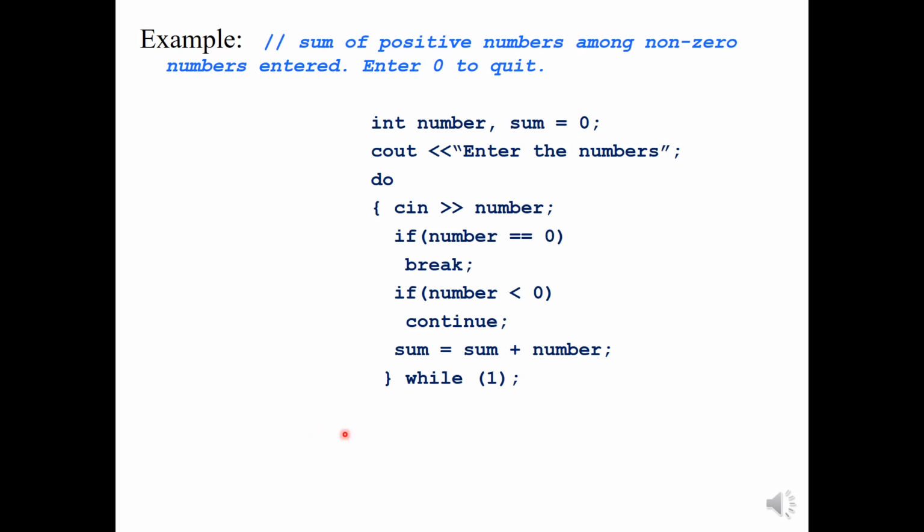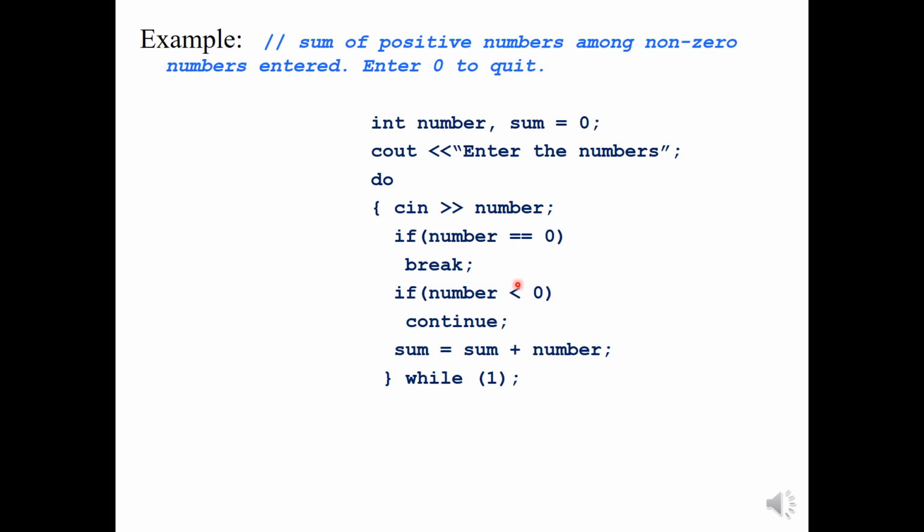If it is less than 0, then continue. Suppose you put -1 by mistake. Continue means it will come to the condition while 1, and because 1 is true, it goes back until the number becomes 0, because only then will it break. Otherwise it will keep on continuing. If it is positive, then it will calculate sum equals sum plus number.